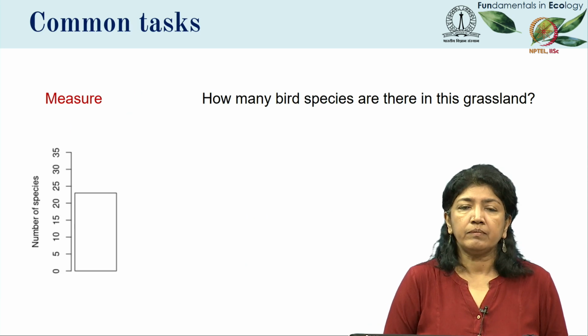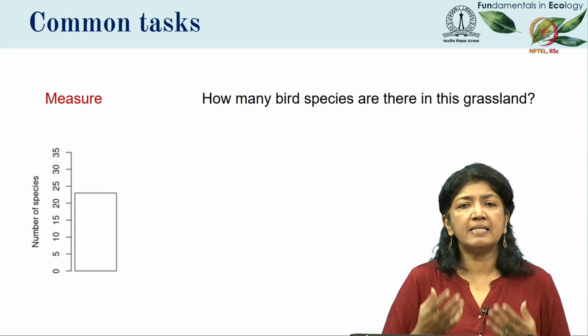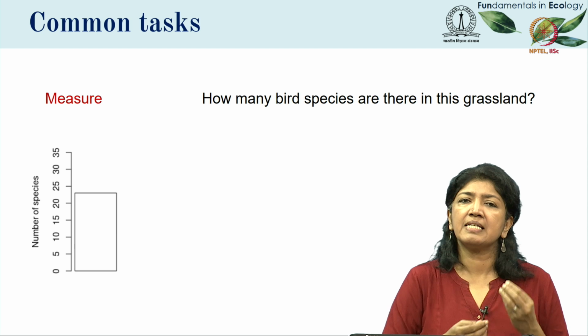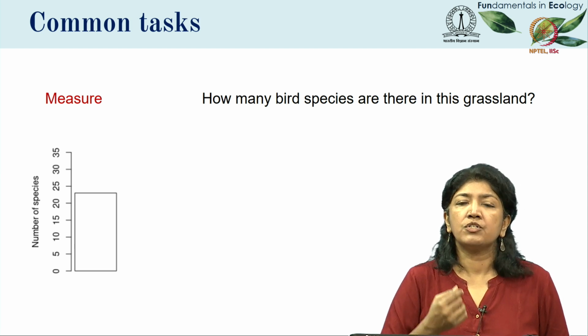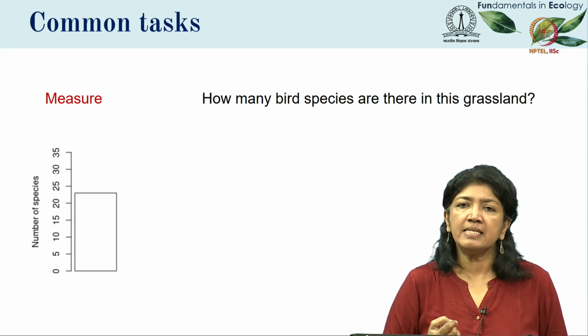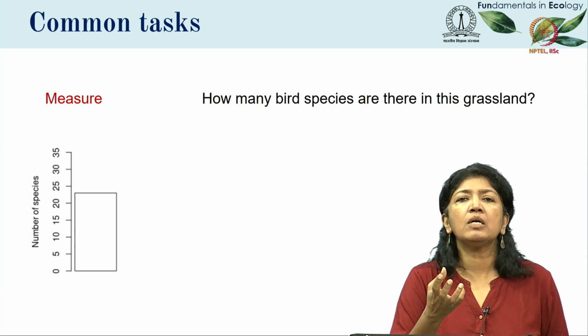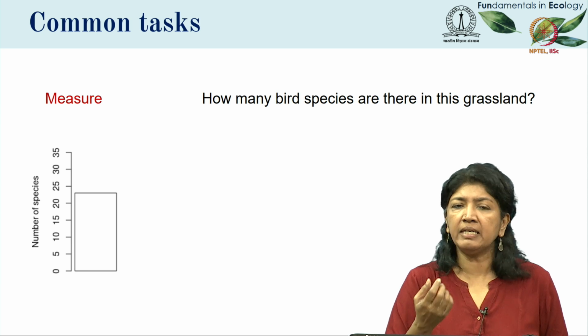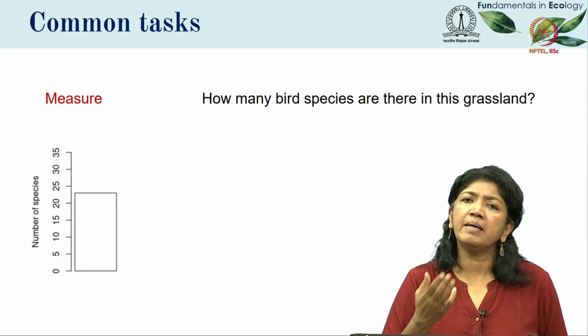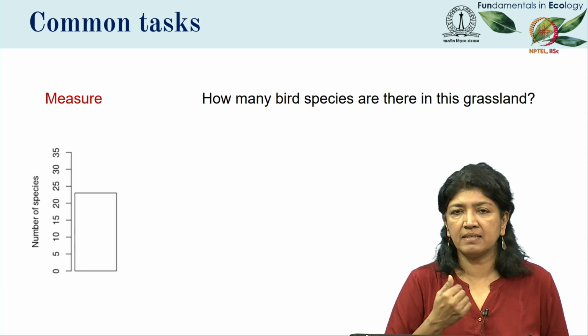Okay. Now, when asking and answering questions in ecology, there are some common tasks that we need to do. So, one common task is measuring a single quantity, maybe in a single place or at a single point in time. For example, how many birds are there in this grassland?